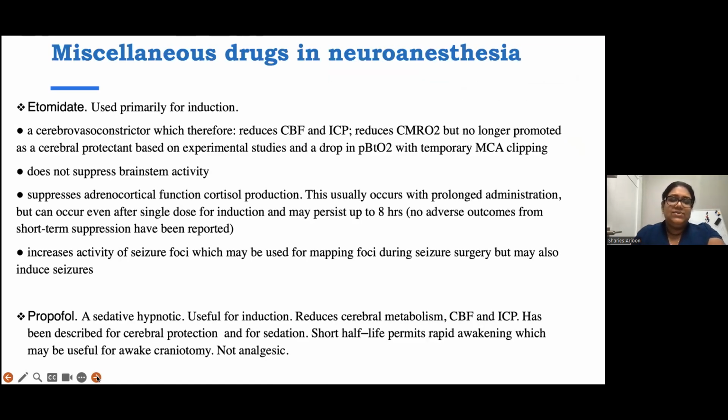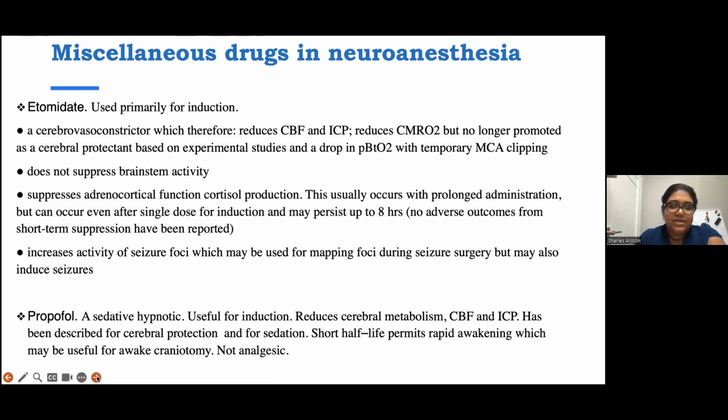Etomidate is used primarily for induction, and it's a cerebrovascular constrictor, which therefore reduces cerebral blood flow and ICP, and it reduces the cerebral metabolic rate of oxygen, but it is no longer promoted as a cerebral protectant based on experimental studies and a drop in the brain tissue perfusion with temporary MCA clipping.